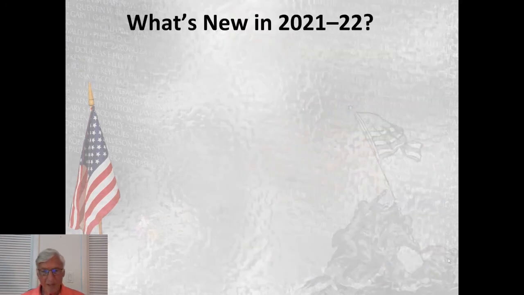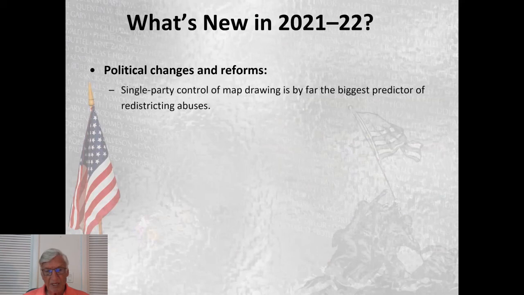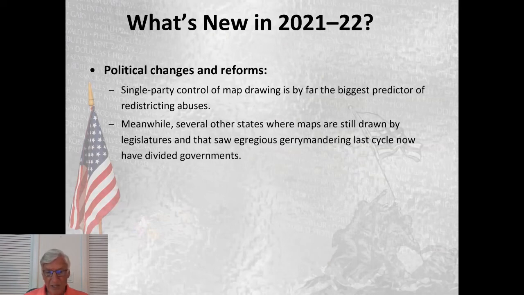So we won't get through all of this, but I'll begin anyway. What's new in 2021-22? Political changes and reforms. Single party control of map drawing is by far the biggest predictor of redistricting abuses. Meanwhile, several other states where maps are still drawn by legislatures that saw egregious gerrymandering last cycle now have divided governments.